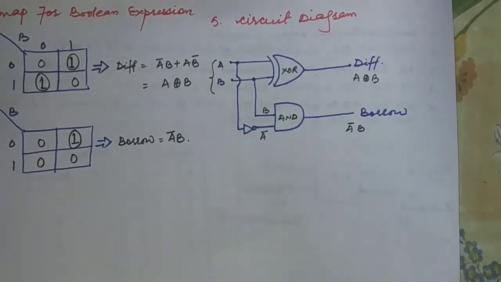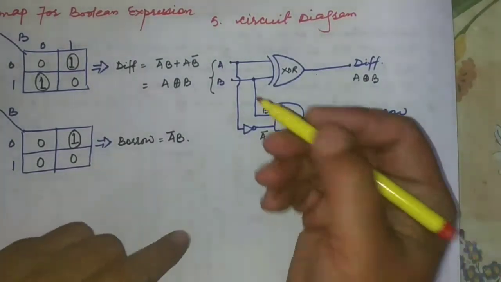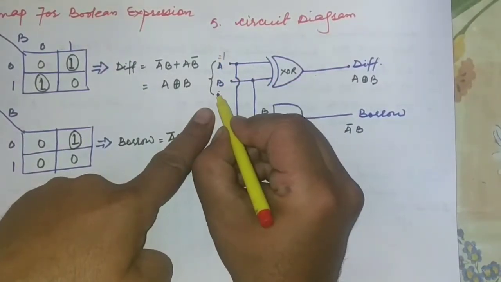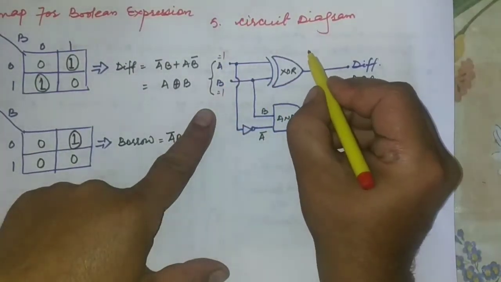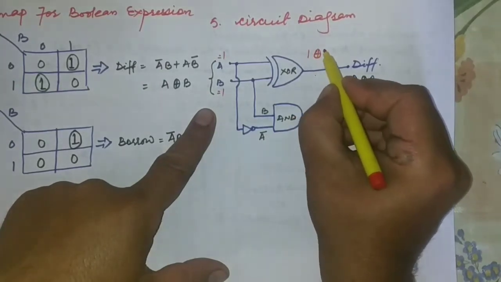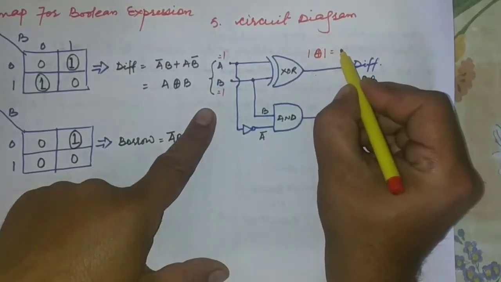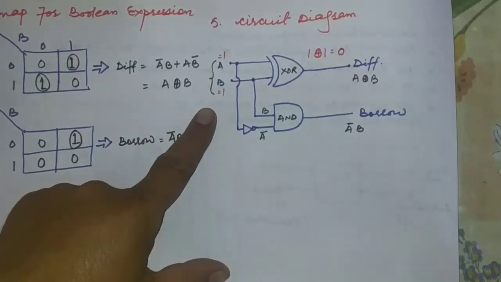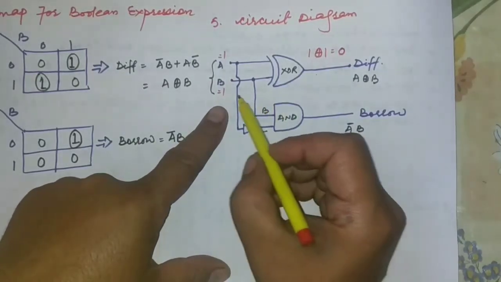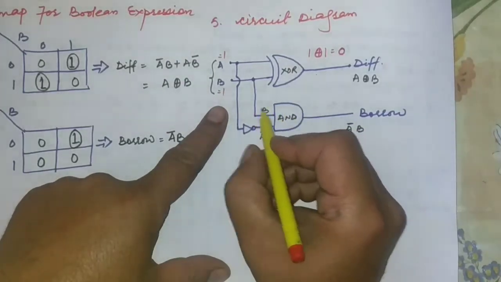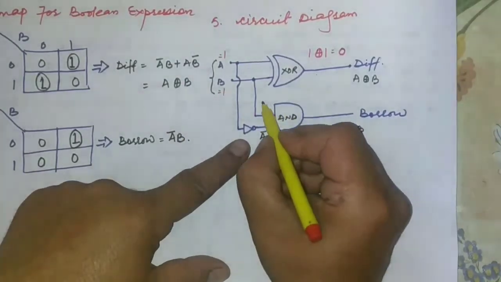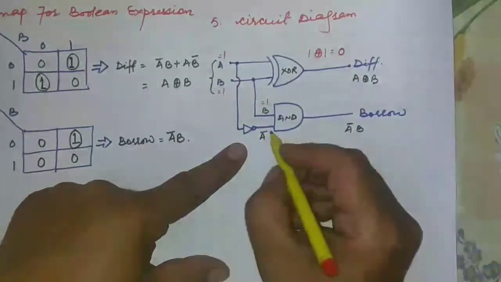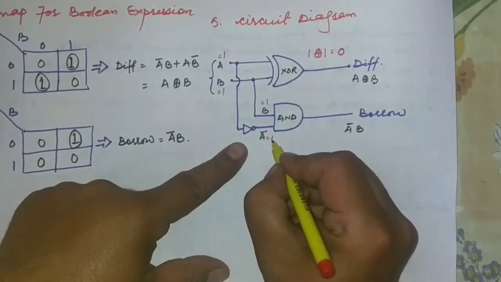We can also check the circuit diagram. Say for example when A is equal to 1 and B is also equal to 1. So this becomes 1 exclusive OR 1, and we all know that this is 0. And this is 1, and A bar becomes 0, since the complement of 1 is 0.